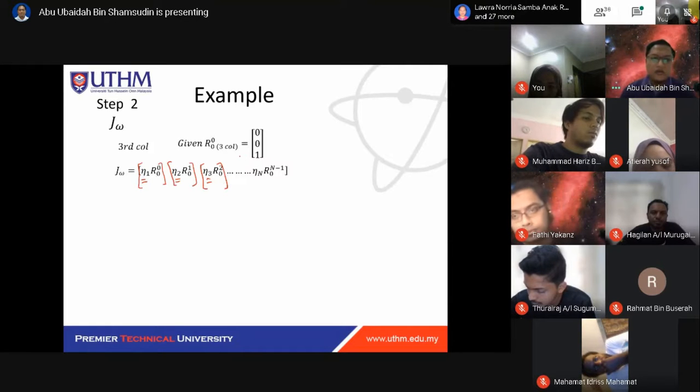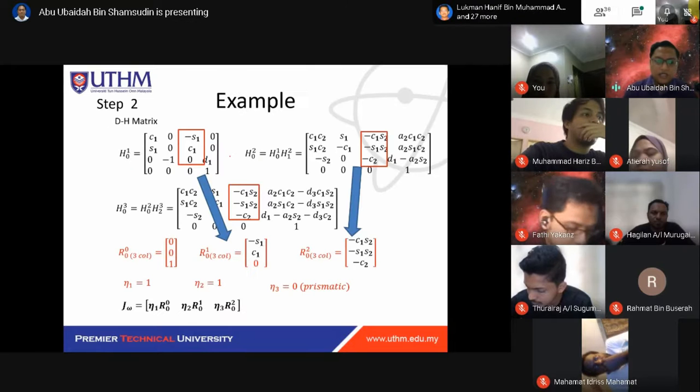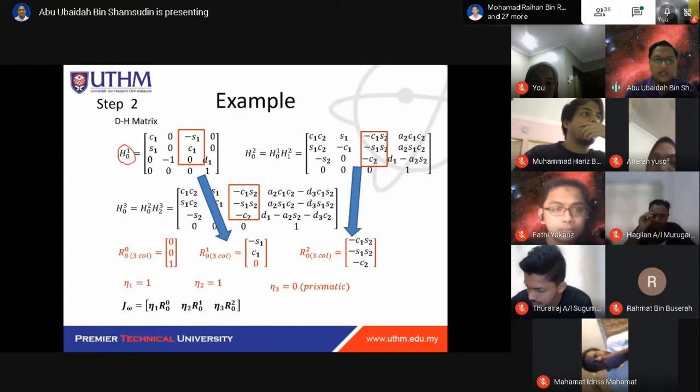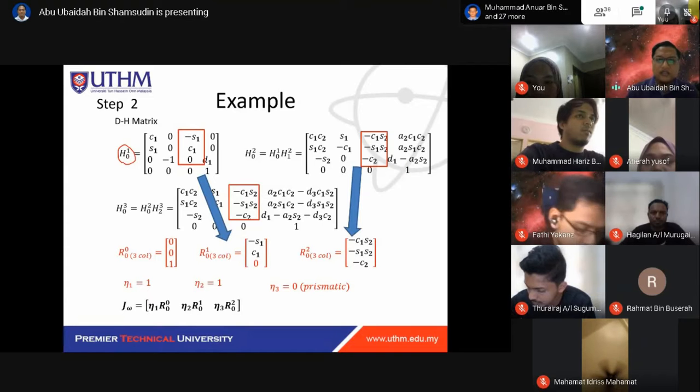Okay. So this is the example. Okay. So for our robot, we have H01. We find it using the DH matrix. Okay. From the DH parameters, we can find the DH matrix for H01, H02, and H03.